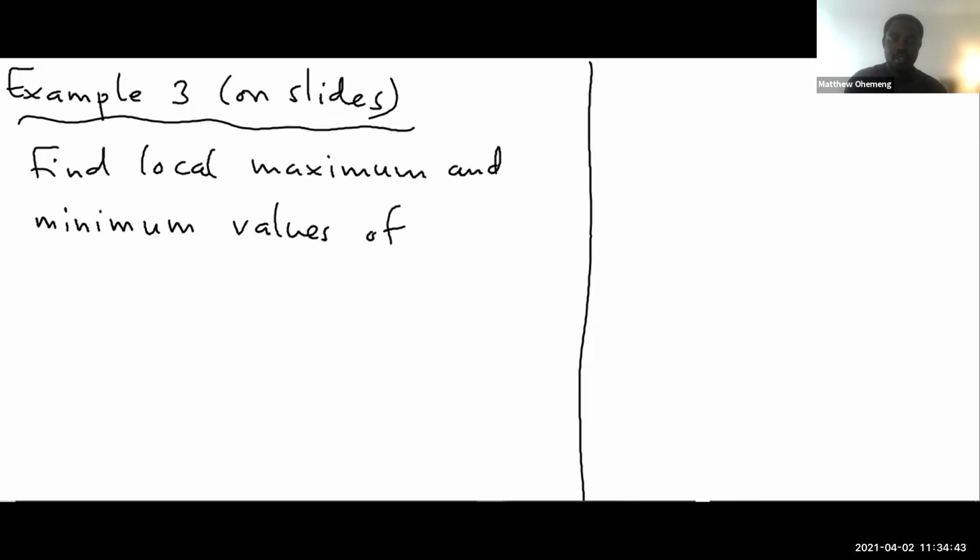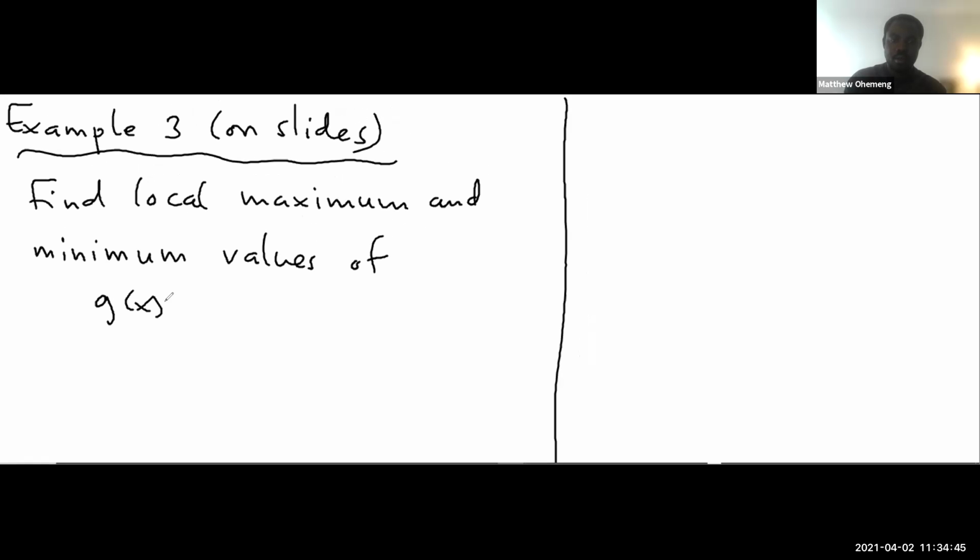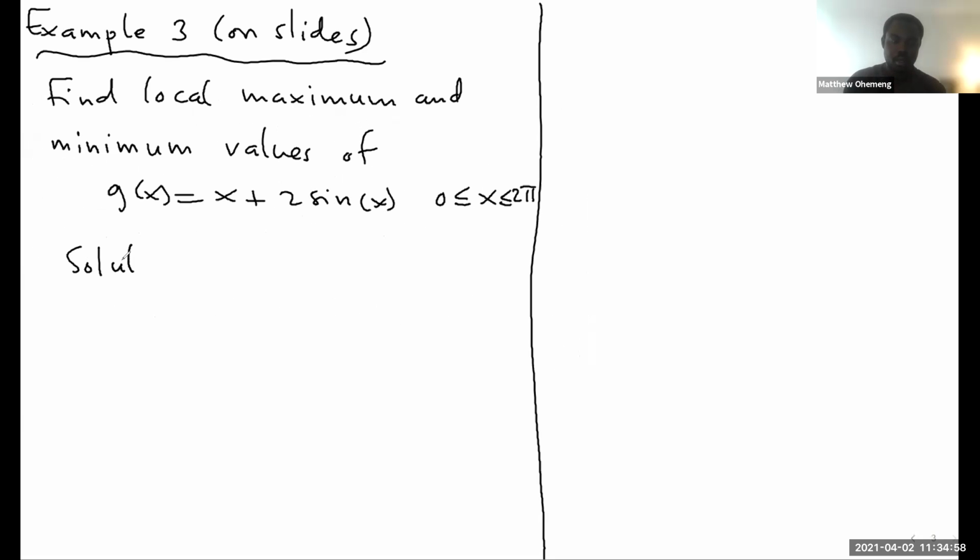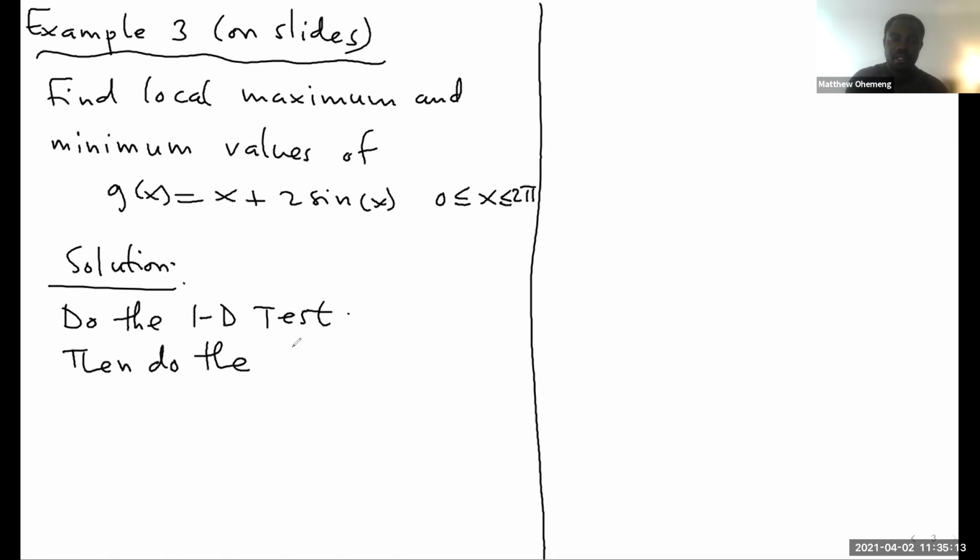So we have g of x equals x plus 2 sine of x, and the interval is 0 ≤ x ≤ 2π. Okay, so let's do this. Solution. Now, for the solution, I'll say first do the increasing/decreasing test. That's the first thing you do. And then do the first derivative test.